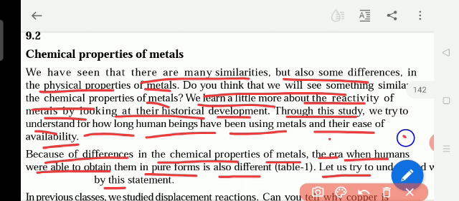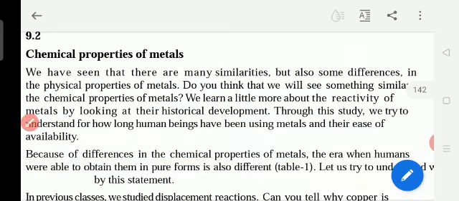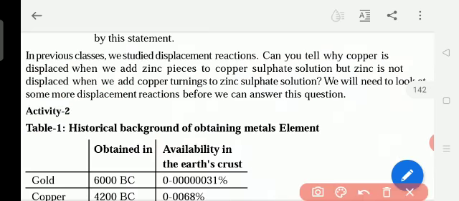For the first time, which metal did they find, and afterwards how did they find others, and how is the reactivity of the metals increasing? Specially, we study this through the displacement reaction, through which we will learn how reactive a metal is with other chemicals.